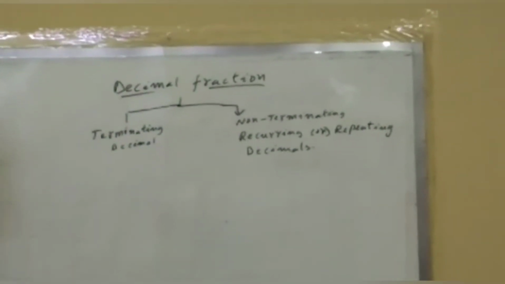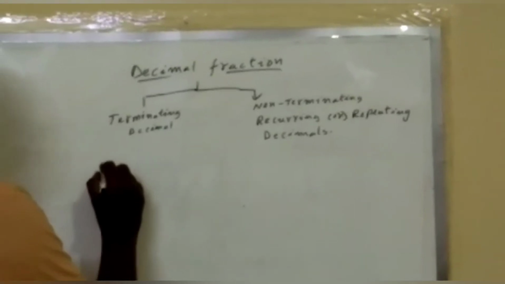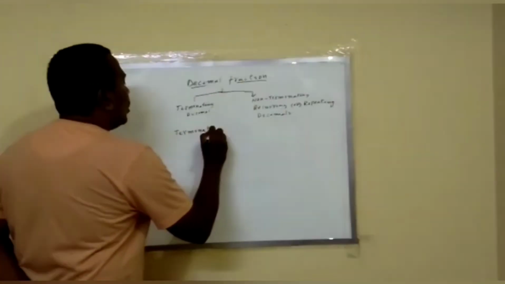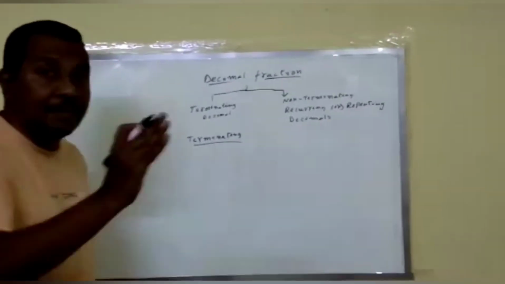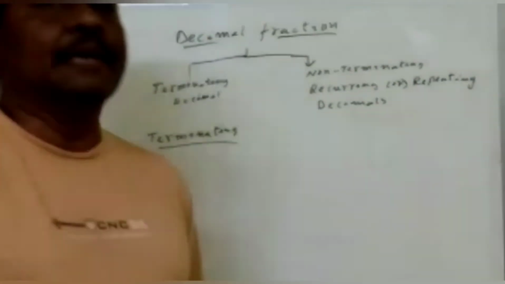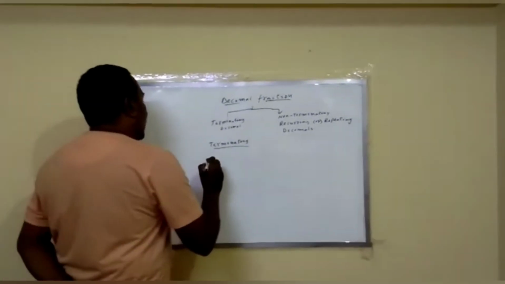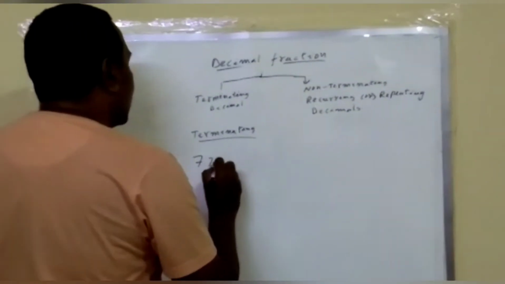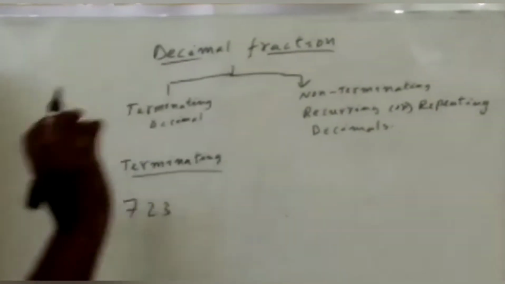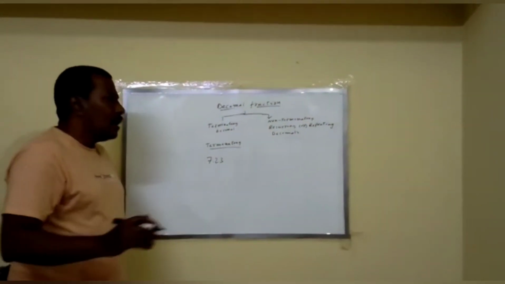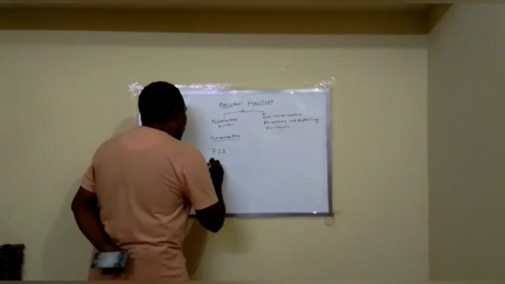Now let us see what a terminating decimal is. What do you mean by terminating? Terminating means putting an end, that means it stops. For example, if I write 7.23, yes, it stops. So this is called a terminating decimal. What do you mean by non-terminating decimals?